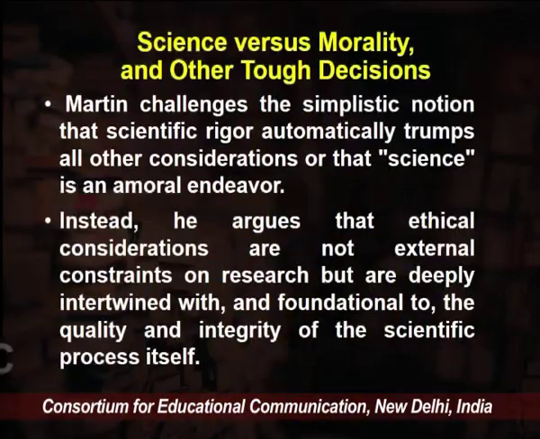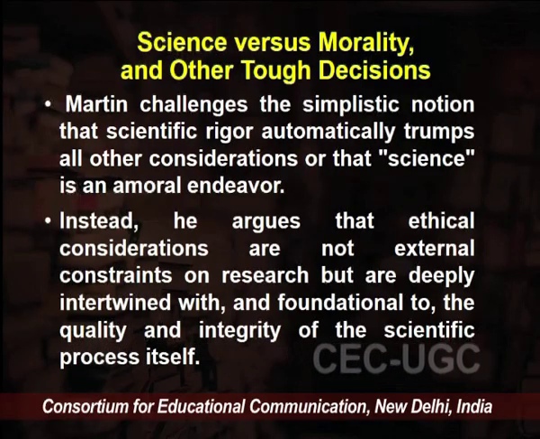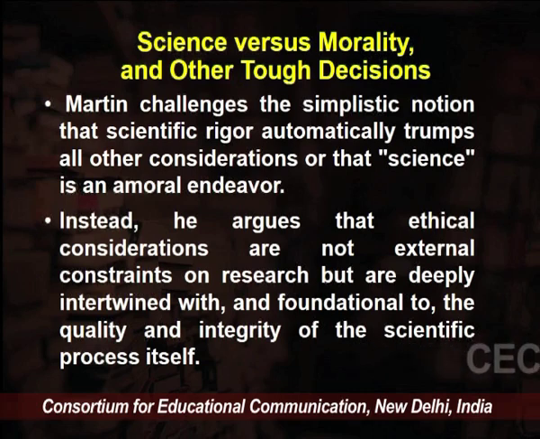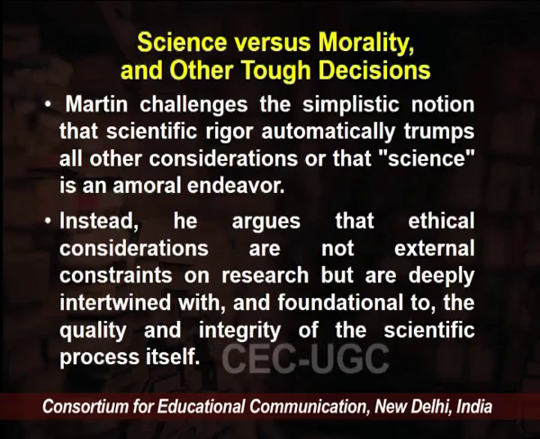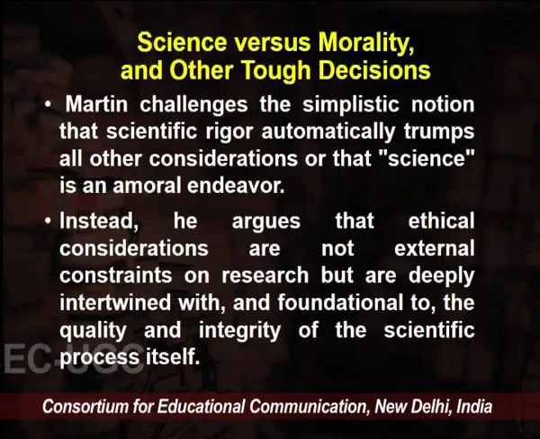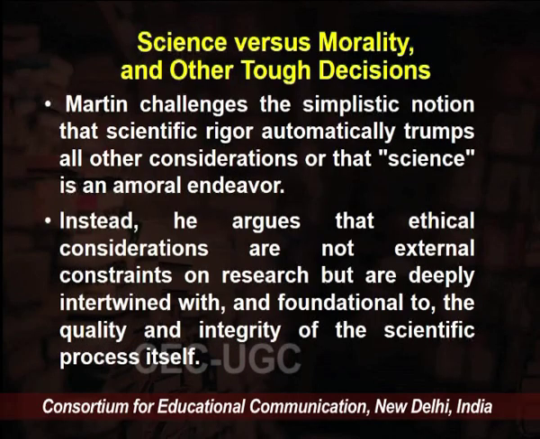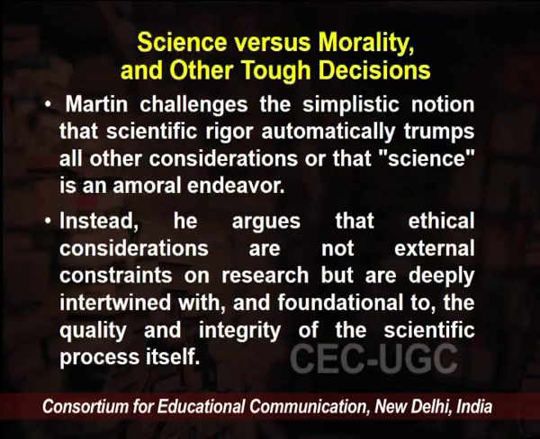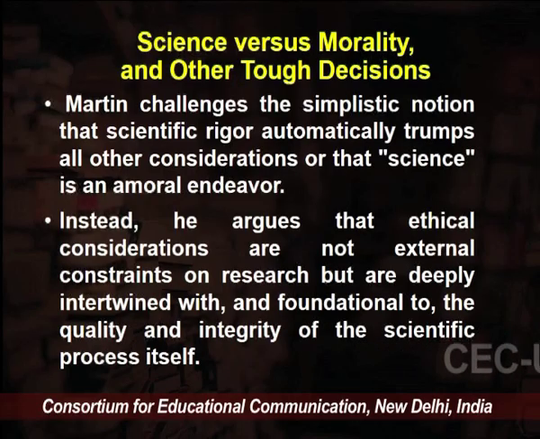So, here John Martin challenges the simplistic notion that scientific rigor automatically trumps all other considerations, or that science is an amoral endeavor. Instead, he argues that ethical considerations are not external constraints on research, but are deeply intertwined with and foundational to the quality and integrity of the scientific process itself.